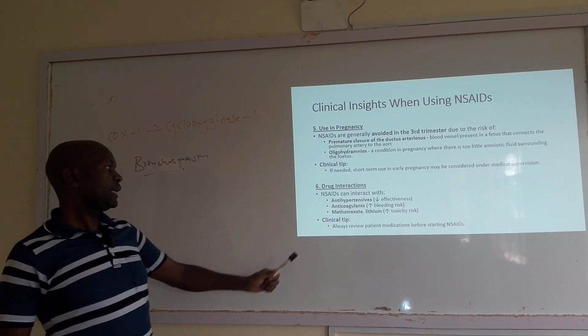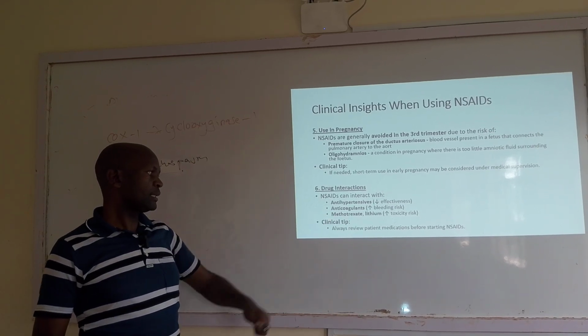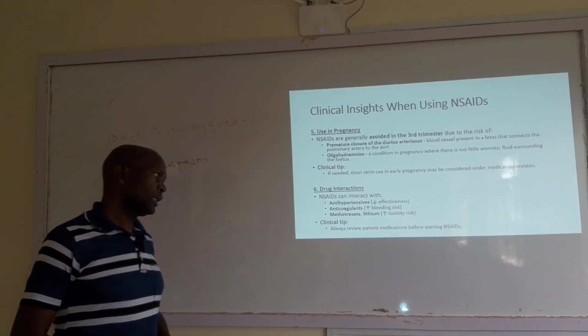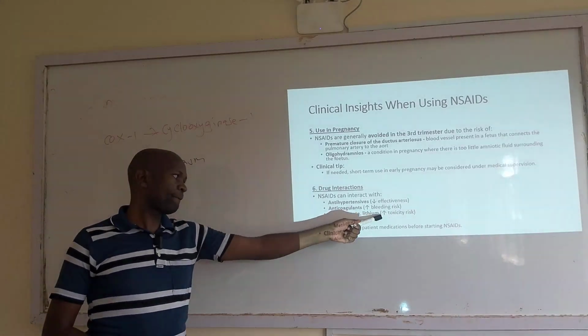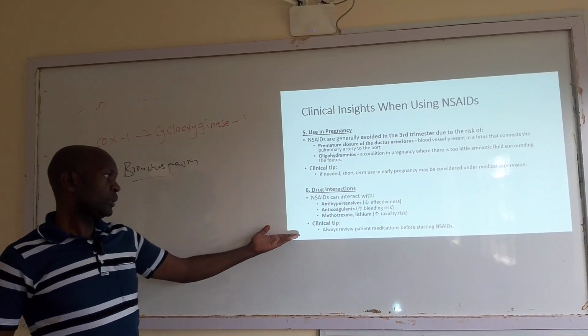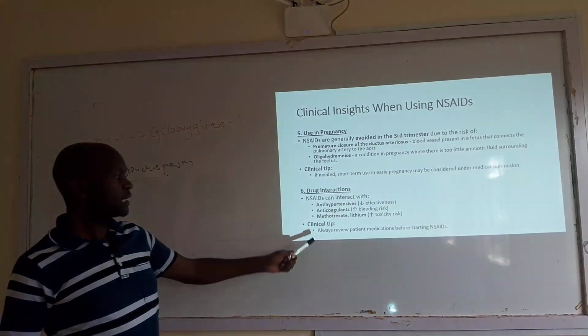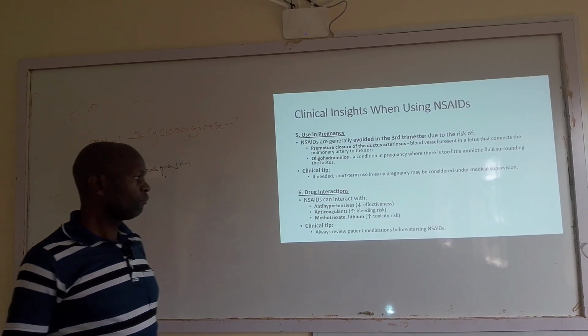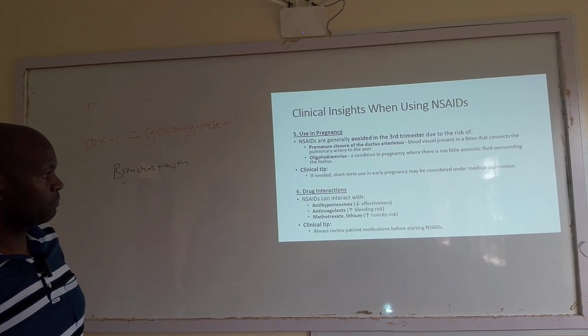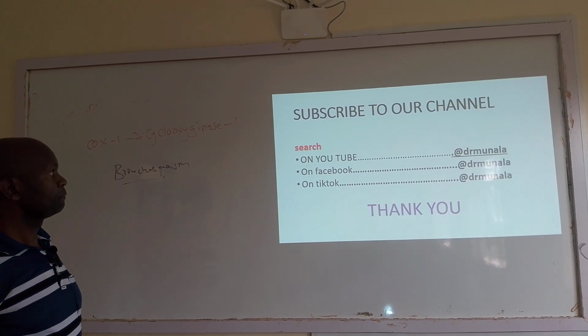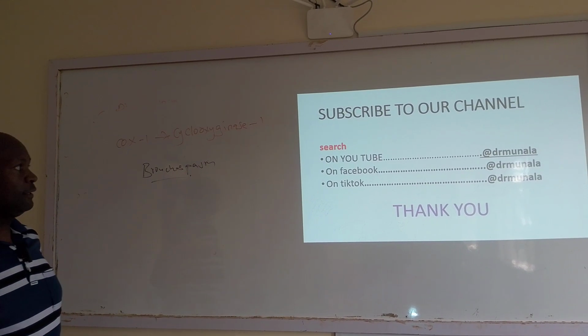When you give NSAIDs together with methotrexate or lithium, there is increased risk of toxicity. So what you need to do in these cases, you must always review the patient's medications before you start these patients on NSAIDs.